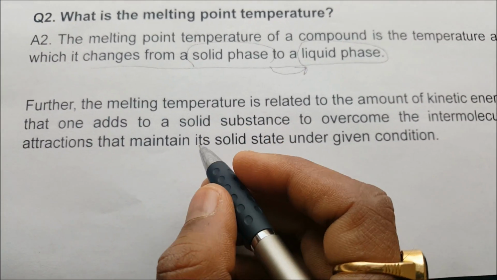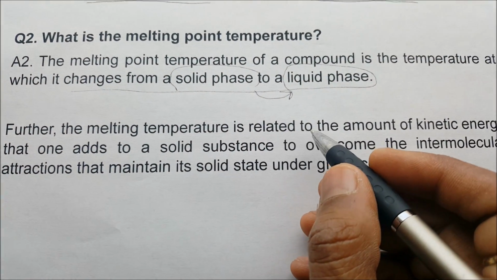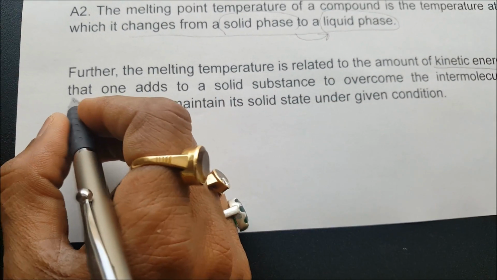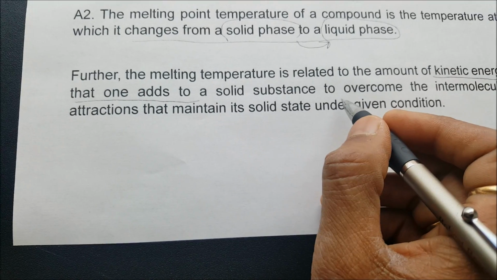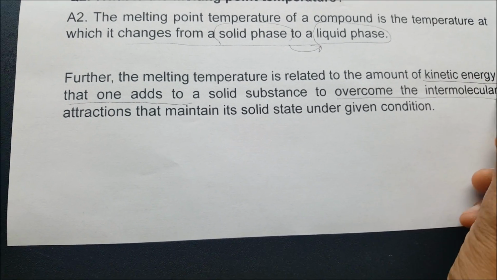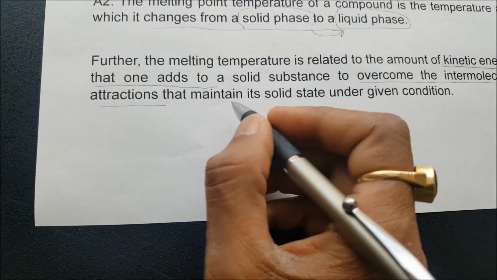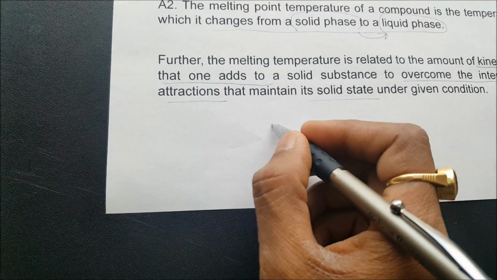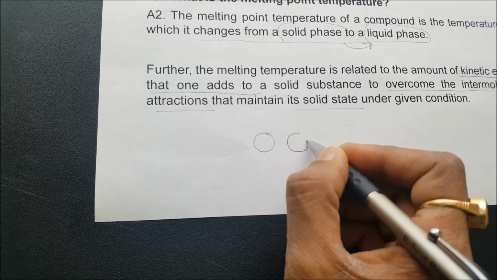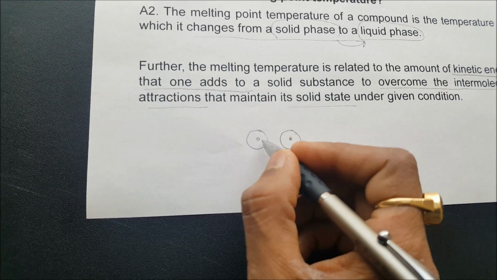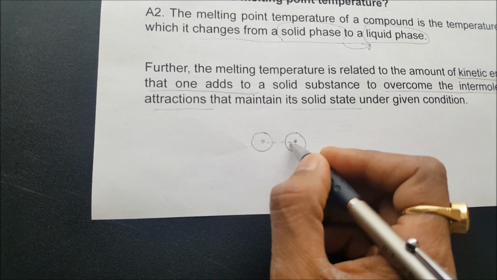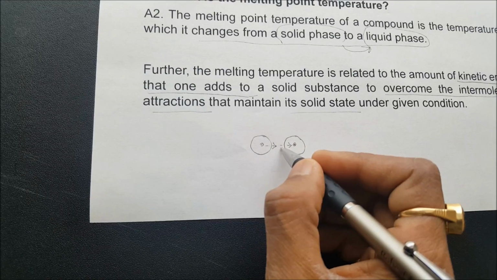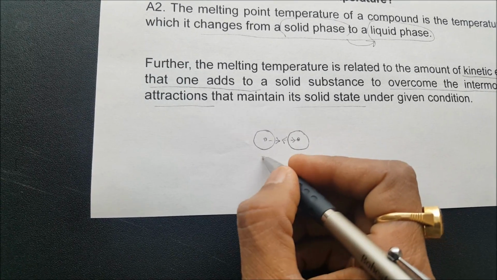Next, the melting point is related to the amount of kinetic energy we add to the solid substance to overcome the intermolecular attraction that maintains its solid state under given conditions. For example, if we have two molecules of the solid, they have some intermolecular attraction between each other, so they like each other.